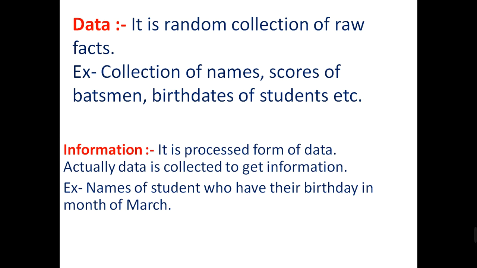For example, if we provide two numbers for addition to the computer, so the sum we get is information, and those two numbers provided by us are data. So data means any facts and figures, and computers perform certain operation on data and then provide information to users.